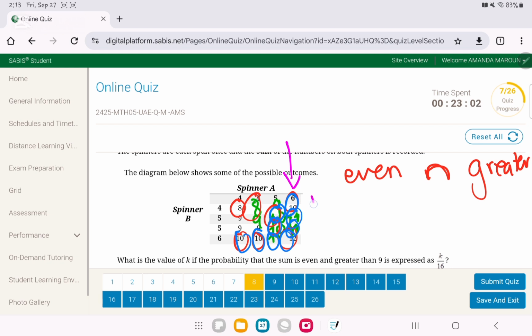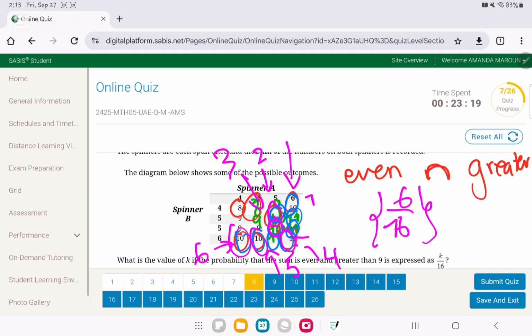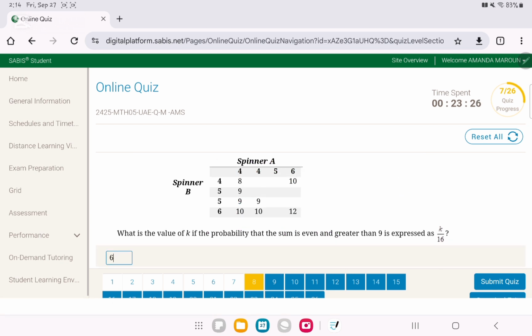We have one number over here, two numbers over here, then 3, then 4, then 5, and then 6. So in total it is 6 out of 16, which is the sum that is even and greater than 9. So 6 out of 16.